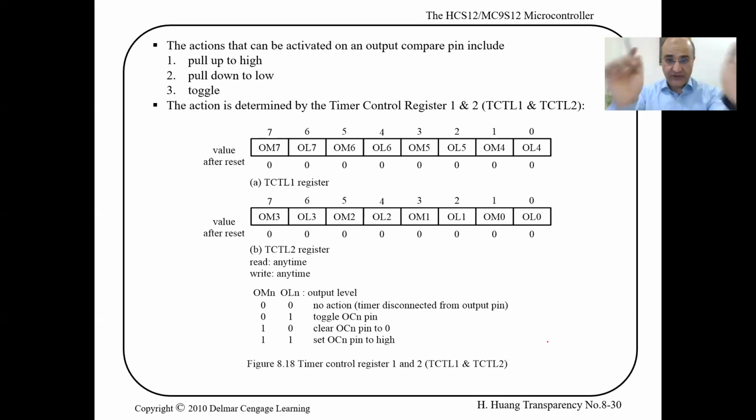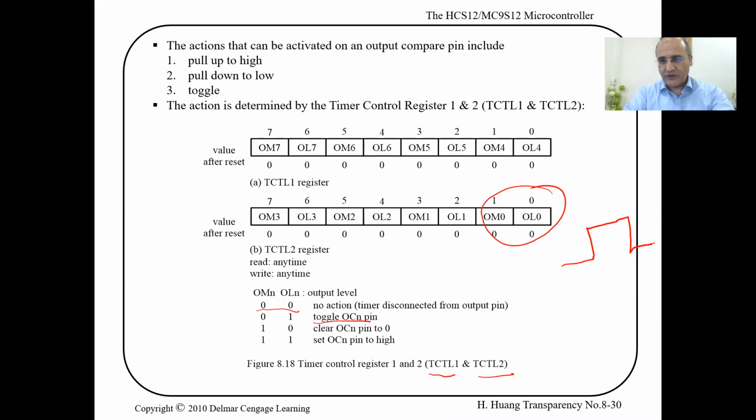What kind of trigger we want to do, or what kind of event we want to generate when a compare happens, we configure using 2 registers called TCTL1 and TCTL2, with 2 bits per channel. The first 2 bits are for channel 0. 0 0 means no action, nothing will happen. 0 1 means toggle: if the pin had a 0 previously, it will generate a 1, and if it had a 1, it will toggle and go low.